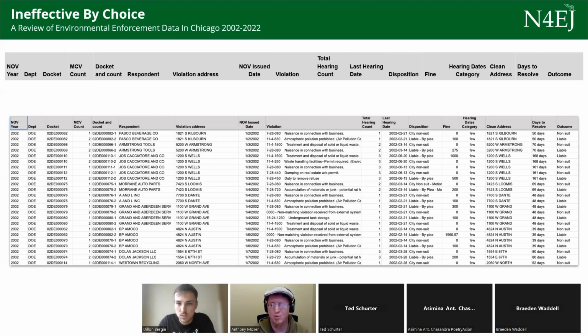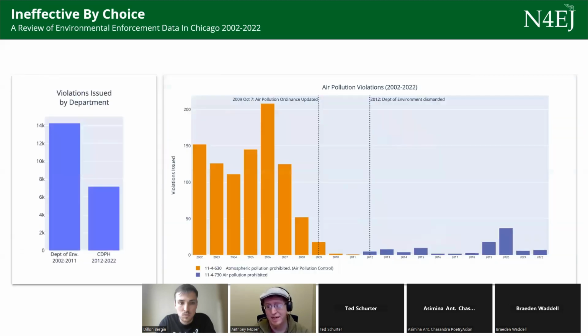I just was mostly interested in, were they found liable or not? Did it get dropped or not? And so yeah, once I had it shaped together in this way, then I was able to start to look at the big picture and say, what do we see? What are the patterns here?